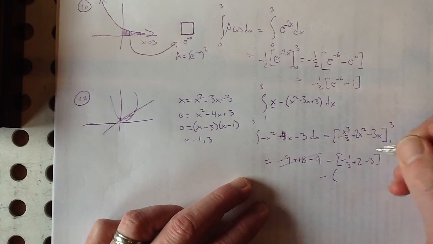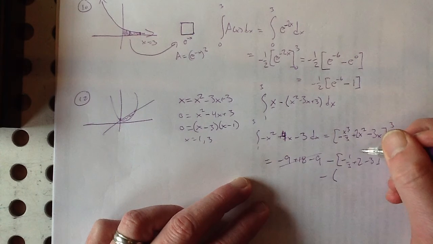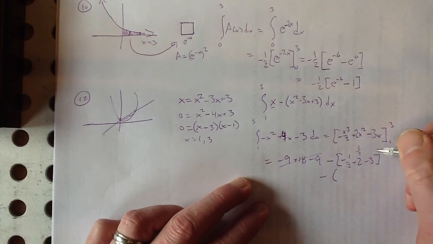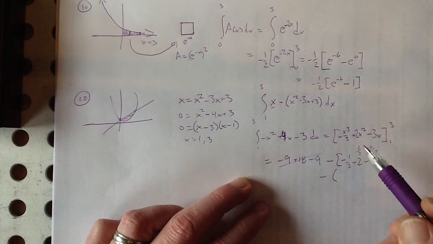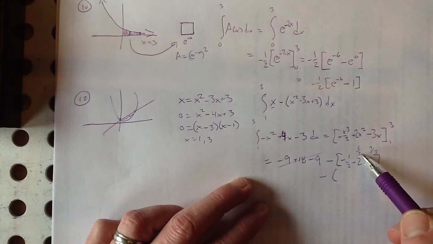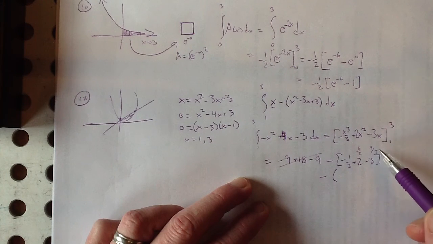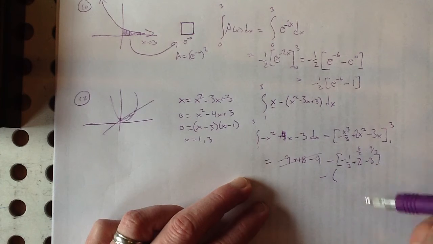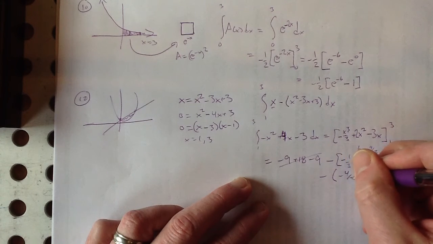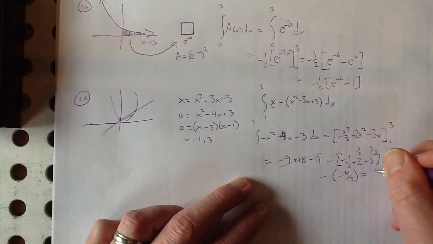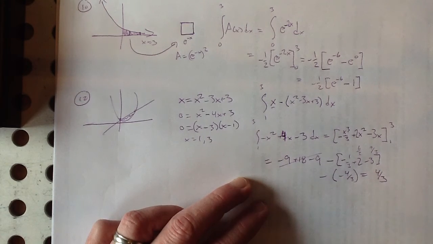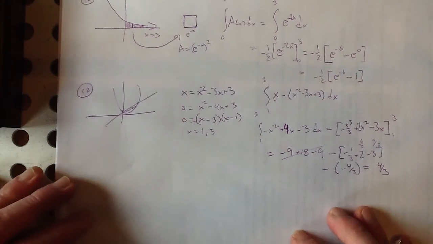So putting all these in thirds, 2 is 6/3, 3 is 9/3. So I have negative 1/3 plus 6/3 is 5/3, minus 9/3 would be negative 4/3. 2 minus signs cancel out, and we get 4/3, which is C.